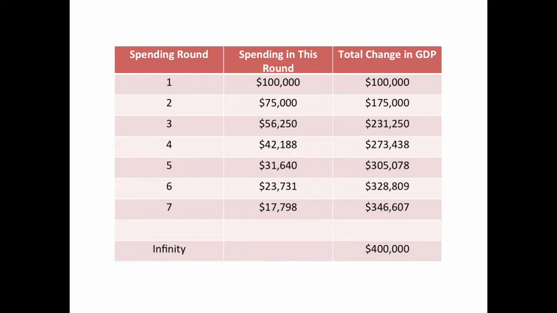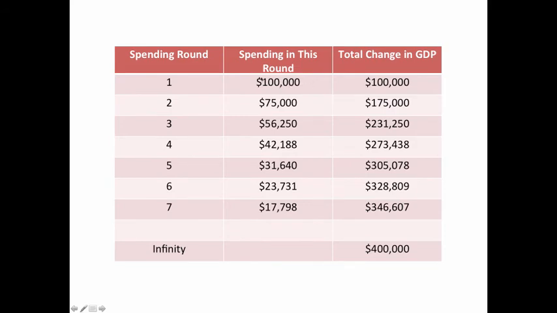And so when that happens, we can add up, or we can track the total change in GDP, and it's going to give us this one big number. This big number here, this $400,000, is the total change in GDP that occurred because of this original $100,000 spending by firm A.